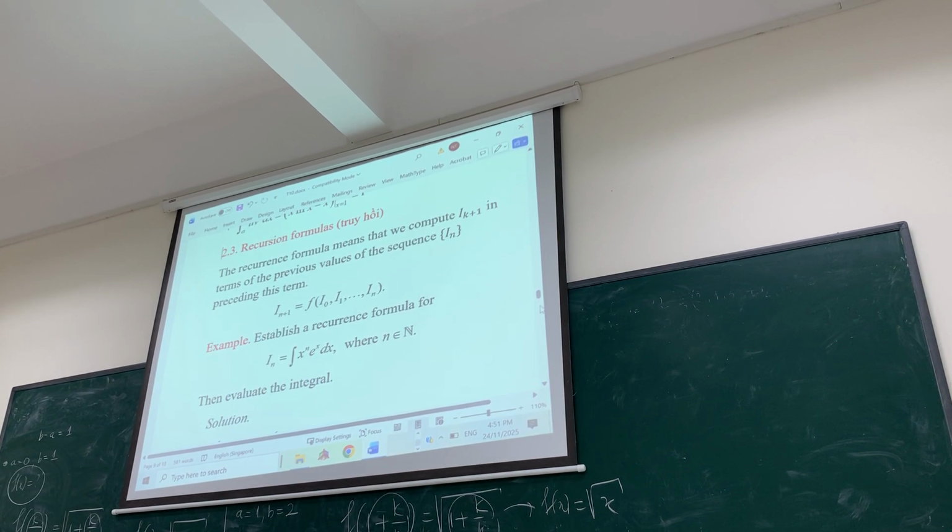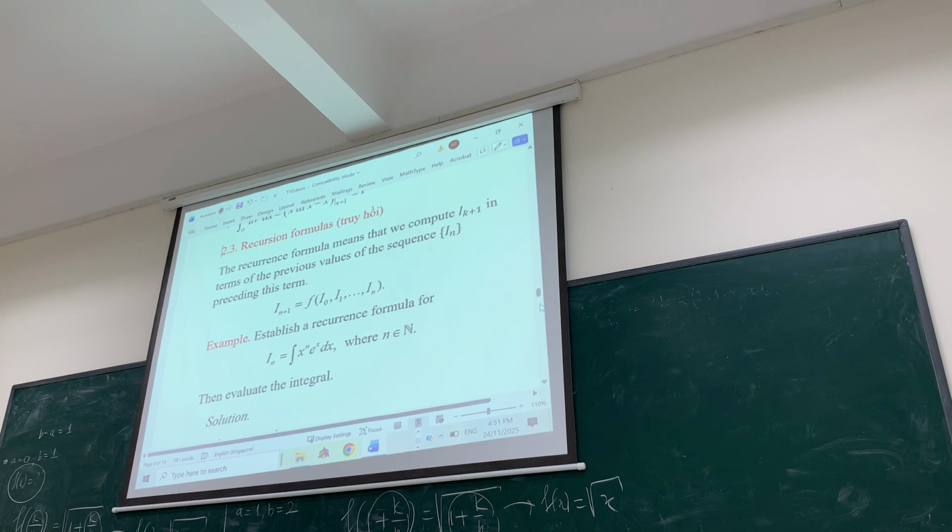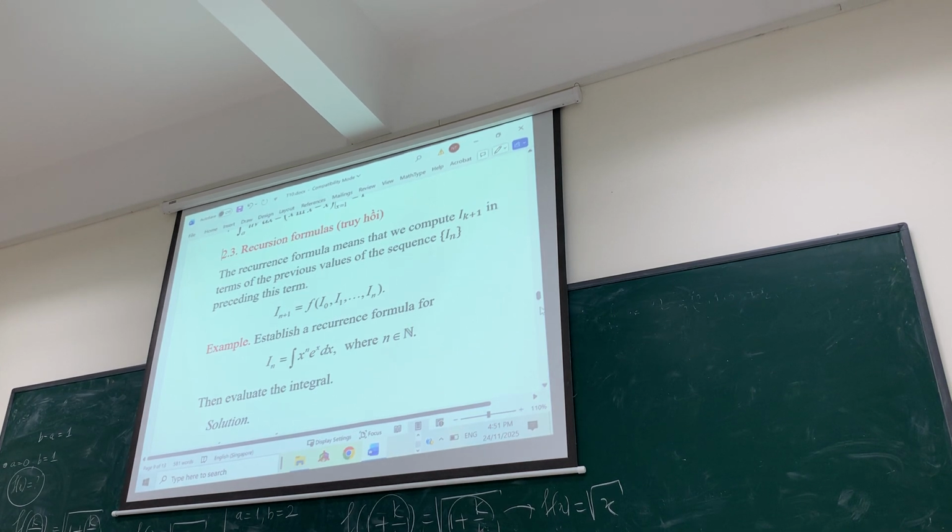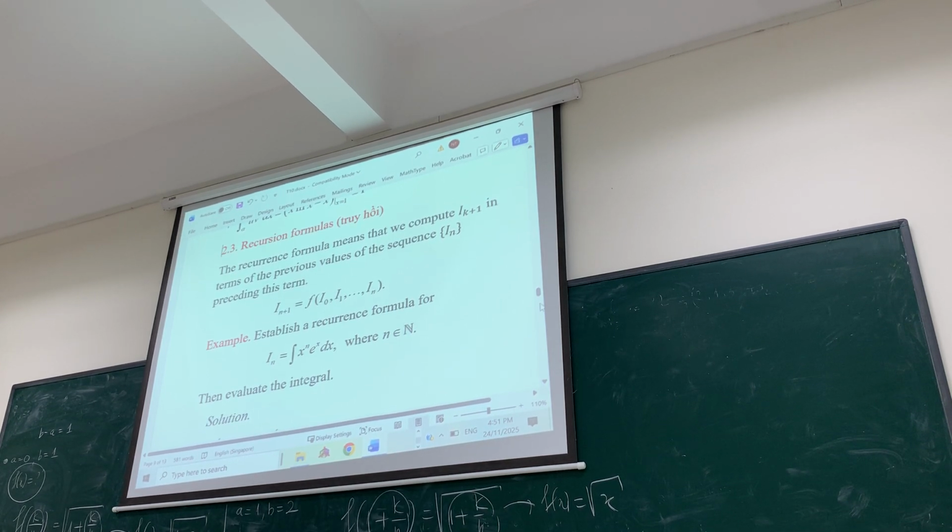In this example, we use integration by parts to establish the recursion formula. The idea for this example.